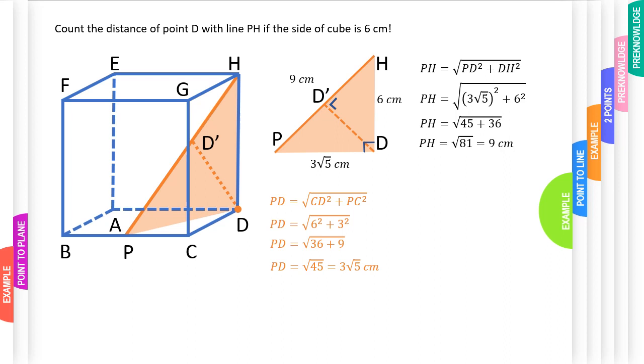To find DDX, let's use a simple equation. Final result, the distance of DDX is 2 square root of 5 centimeters.